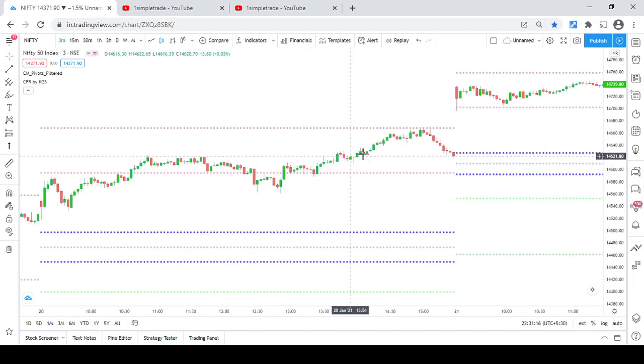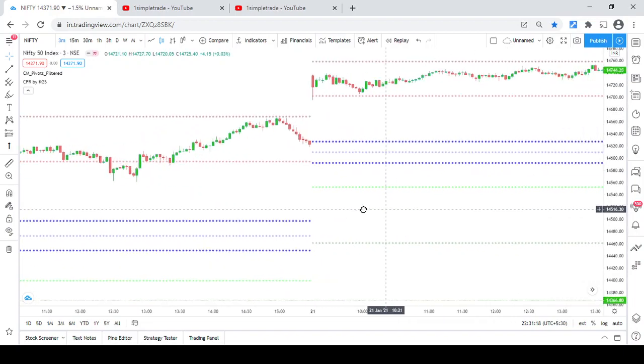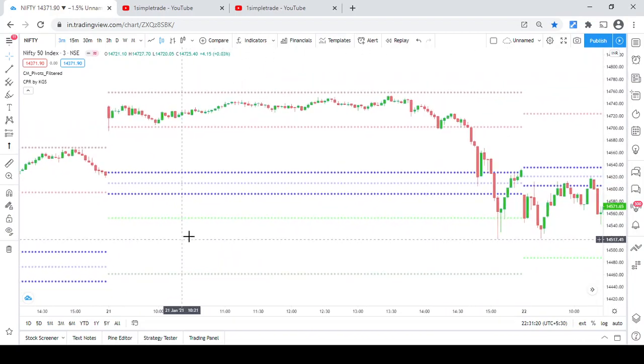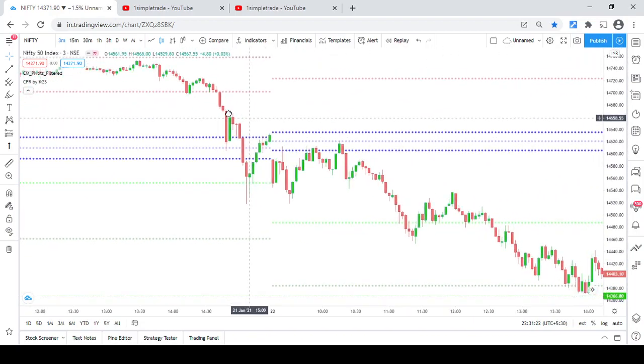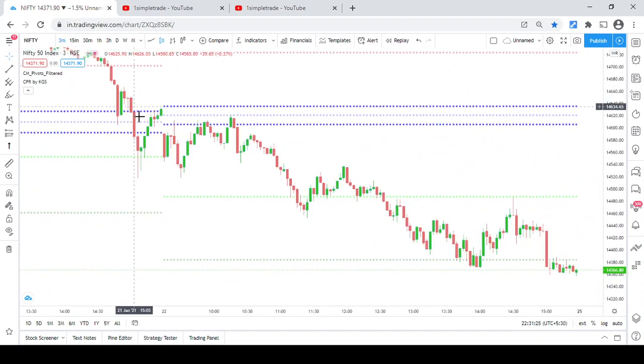And the other thing is, having these clean charts will help you read the price action that is happening throughout the day, and that is more important.